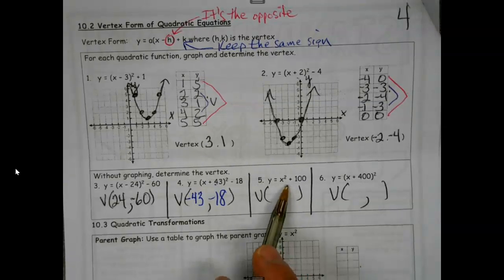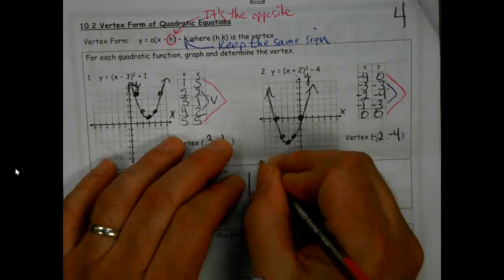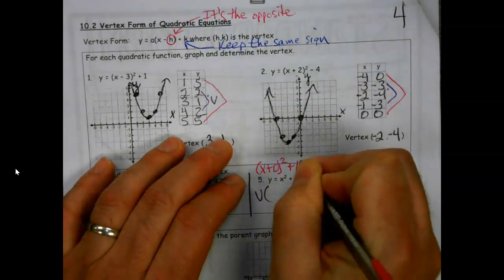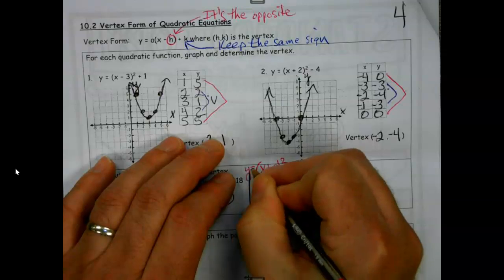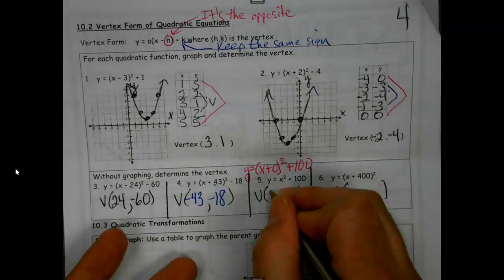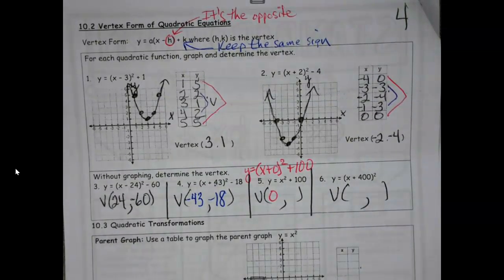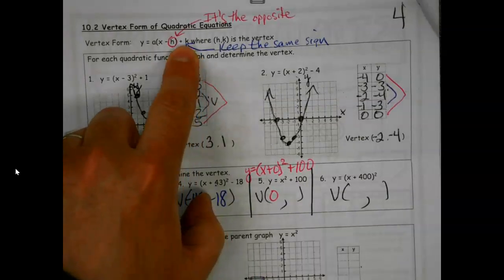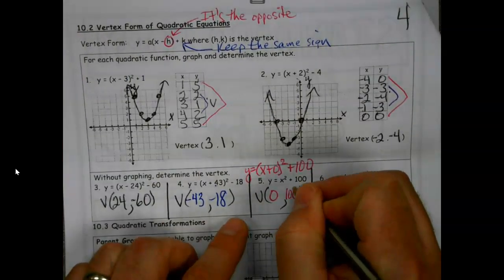If there's no parentheses, I'll rewrite it for you a different way, if that would help on the thought process. Since there's no parentheses this time, that first value, my h value, is going to be 0, because that's outside the parentheses, just like this k value is.